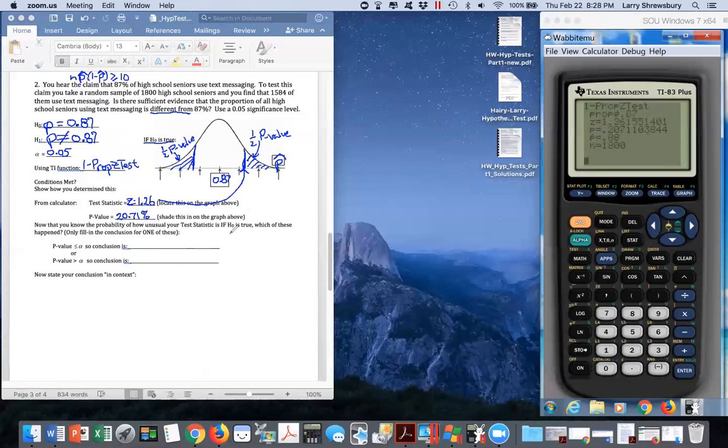So our p-value is not small. It's big. How big is it? It's so big, it's bigger than the significance level, because 20.71% is way bigger than 5%.